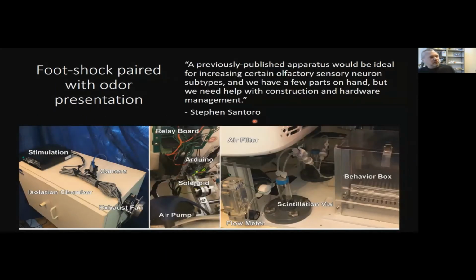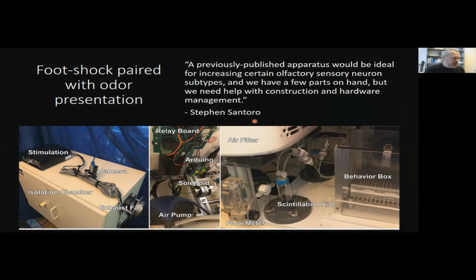In this case, Steven Santoro approached me and said, there's a published experiment that requires equipment that we don't have and don't know how to assemble. And we have a couple of old pieces of equipment that were used for a similar experiment. Can you help us modify these things for the purposes of our lab?